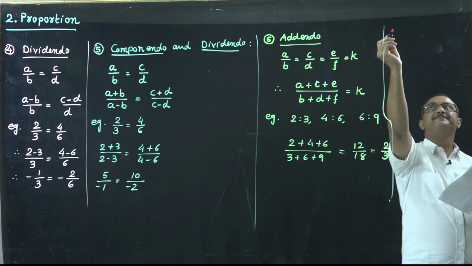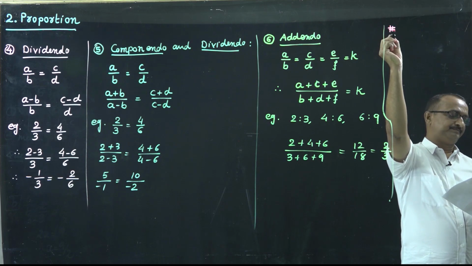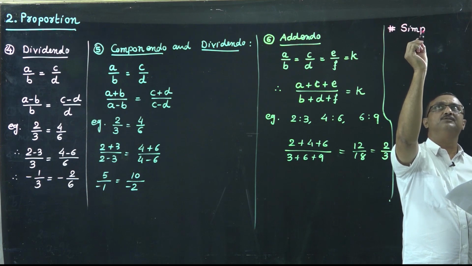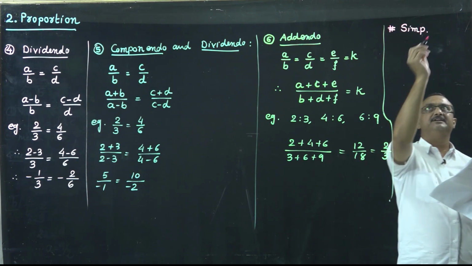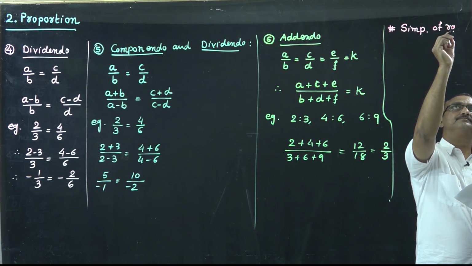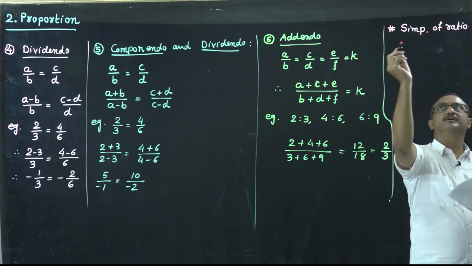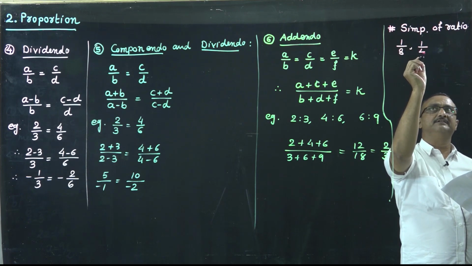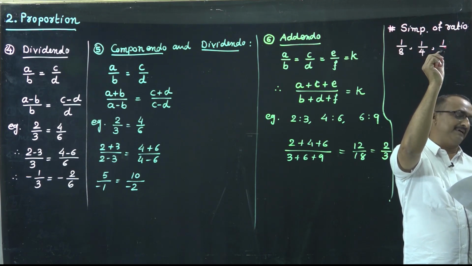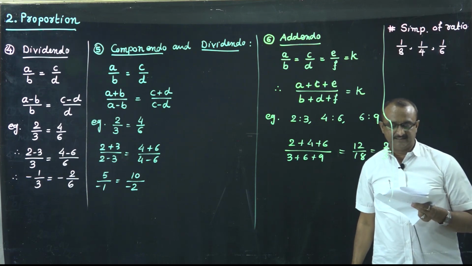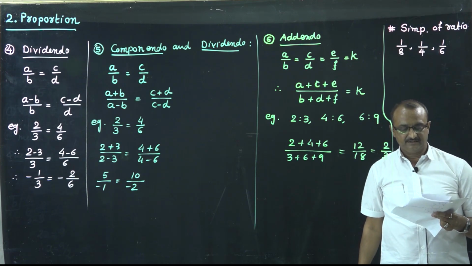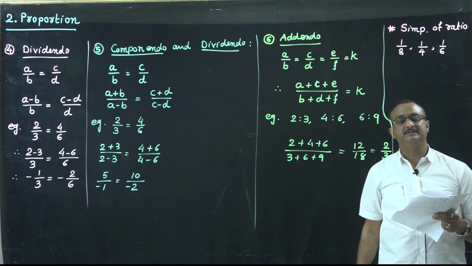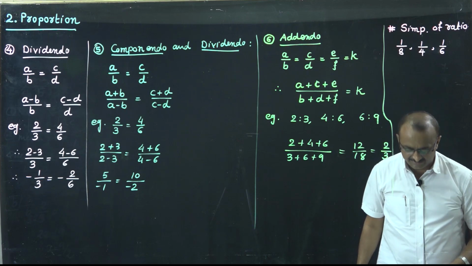Okay, if the question is asking that 1 by 8, 1 by 4, 1 by 6, find the ratio of 1 by 8, 1 by 4 and 1 by 6.